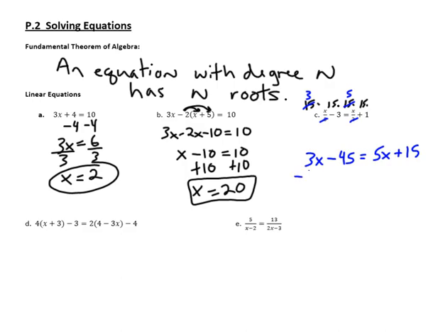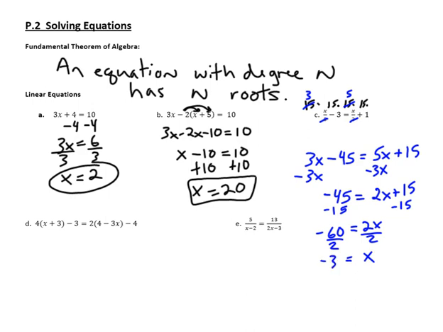And so I'm going to get all the x's on the same side by subtracting 3x. Don't forget about the negative 45. Nice friendly equation. Subtract 15 from both sides. Divide by 2. And x is negative 30.